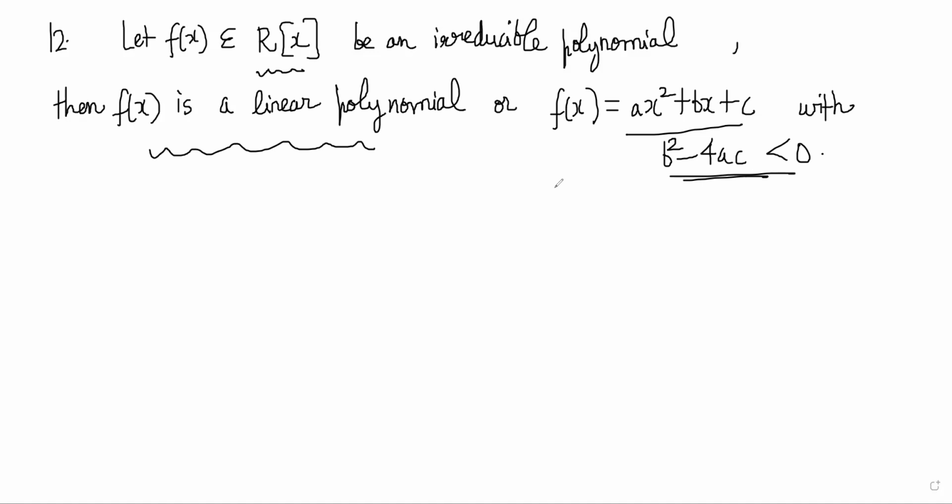So for real polynomials, f of x being irreducible means it must be either linear or have degree 2. So that is pretty clear.